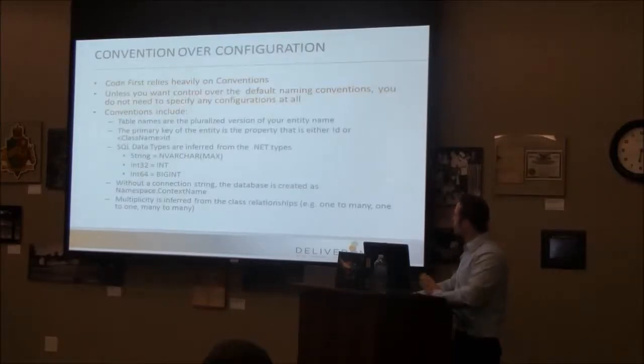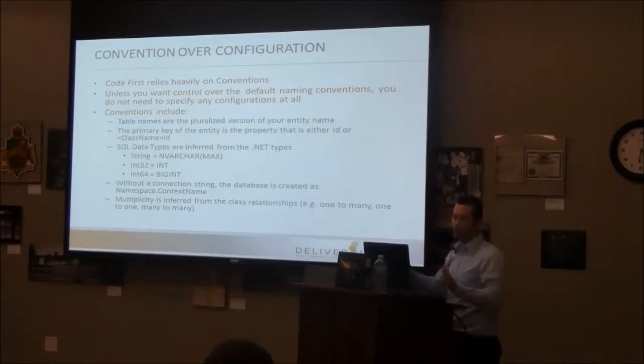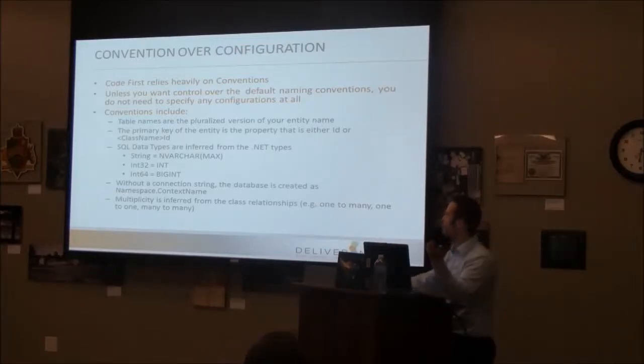All right, so I mentioned it, but Entity Framework Code First is a heavily convention-based framework. What I mean by that is you can write your entire model without a single line of configuration code, and it'll work out of the box that way. It uses a lot of built-in conventions. An example would be your table names are going to be based on your class name for your entity, and it's going to pluralize the table.